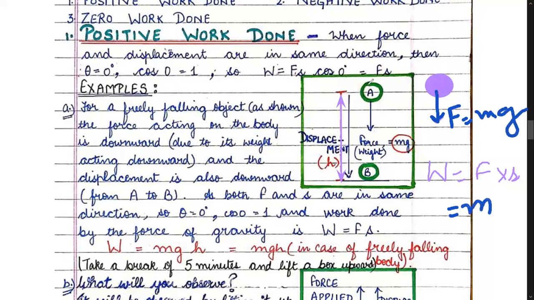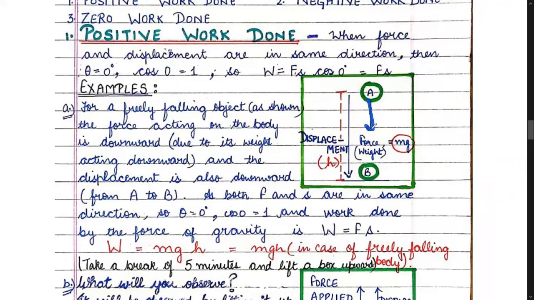So here the formula can be written as mg and h. So children, in this case, the force, that means the weight of the body, and the displacement of the body are both in the same direction. Hence, it is an example of positive work done.